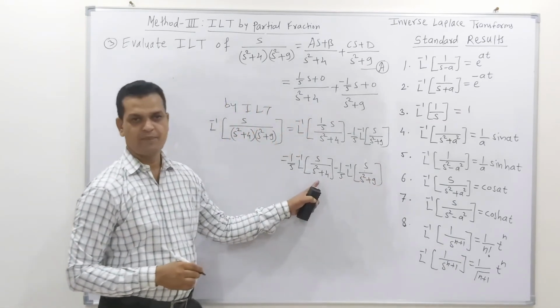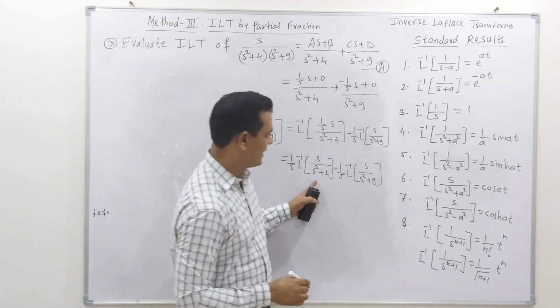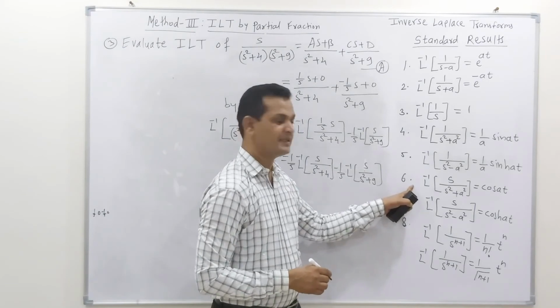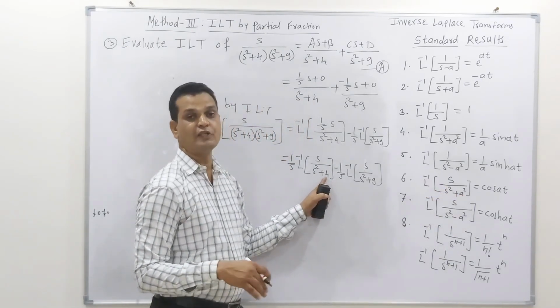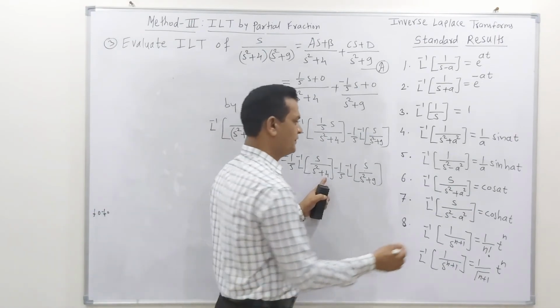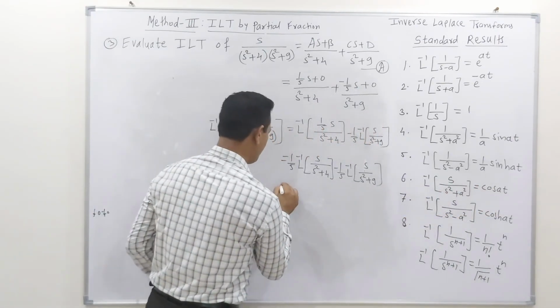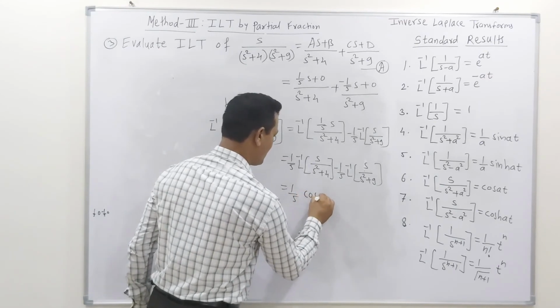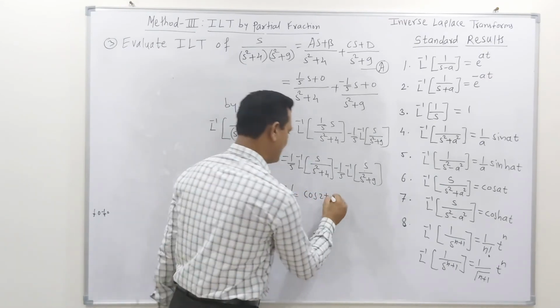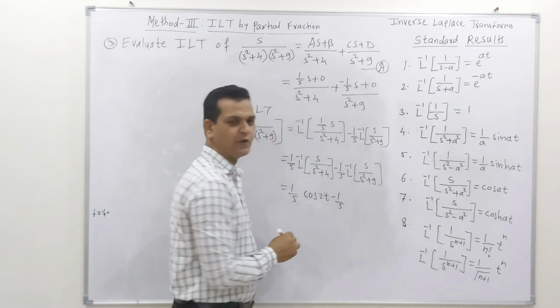So friends, observe that this first expression is directly in our standard form number 6, s upon s square plus a square, where the value of a is 2, 2 square is 4, which is cos of at. So we can write this as 1 upon 5 into cos of 2t, then again minus 1 upon 5 as it is.